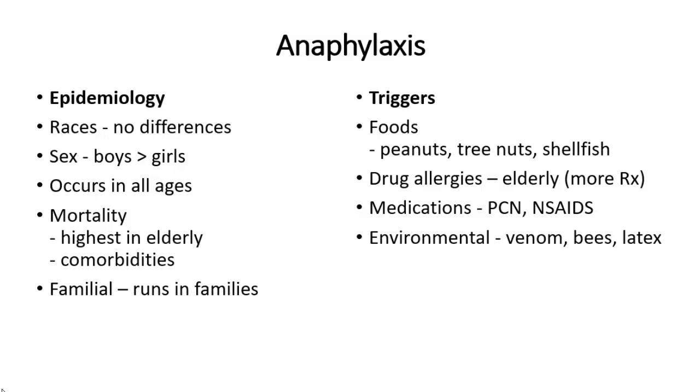So if there are basically triggers, and there seem to be a lot of triggers out there, we can actually do pinprick tests for identification of allergens. This is where small drops of allergens are pricked onto the skin to see if there's evidence of an allergy, like raised red itchy bumps or wheals.